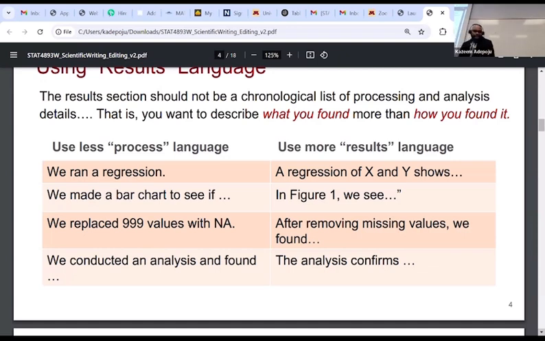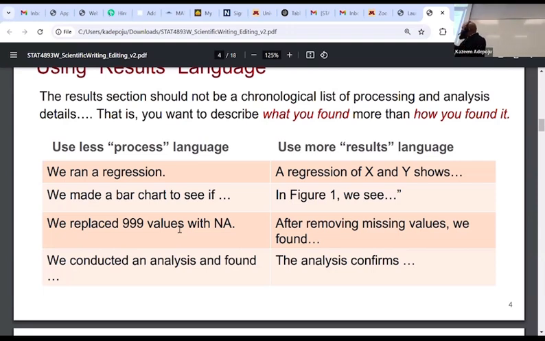Okay. Now, another process language that you should avoid using is "we replace 999 values with NA" anytime you see 999 as a missing value. Why can't we say "after removing missing values"? You don't need to say 999.